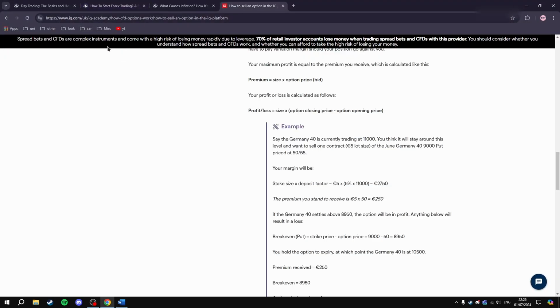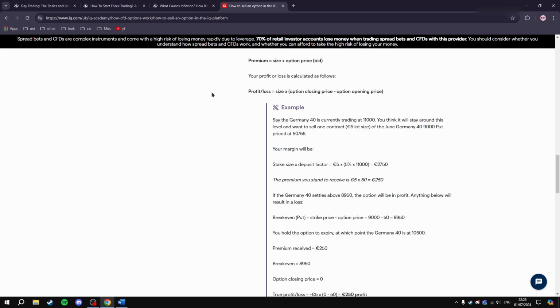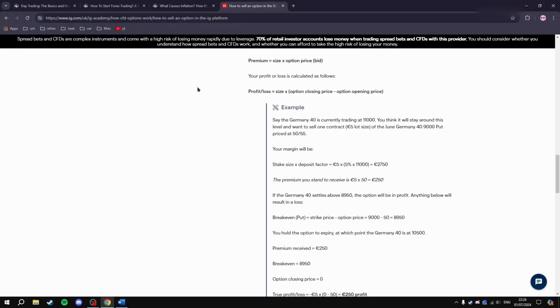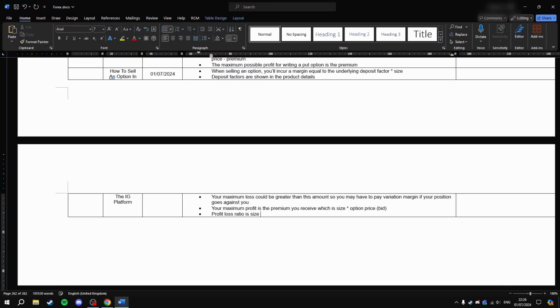Your profit or loss is calculated as follows. Profit or loss is size times option closing price minus option opening price.